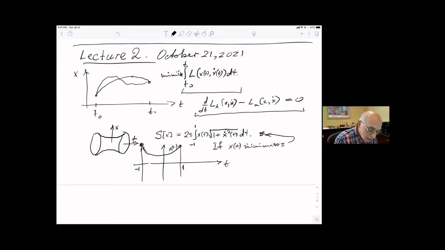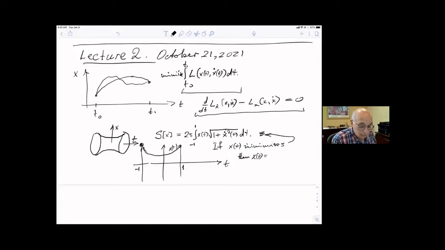Then it turns out that it satisfies the Euler-Lagrange equation, which I'm not going to write because it's not instructive. It doesn't explain anything. But what's interesting is that x is a catenary, then x is a hyperbolic cosine.